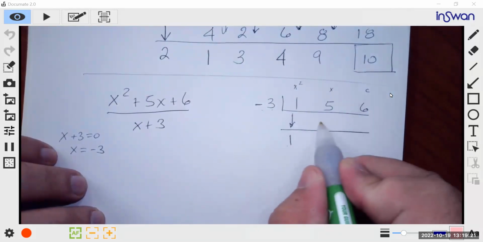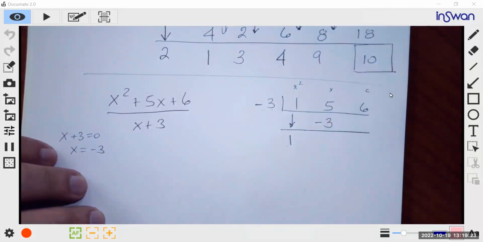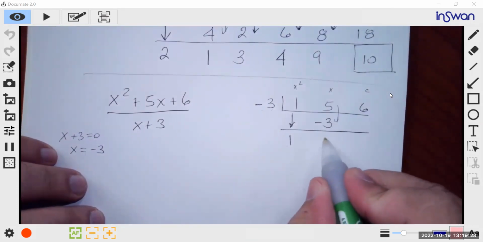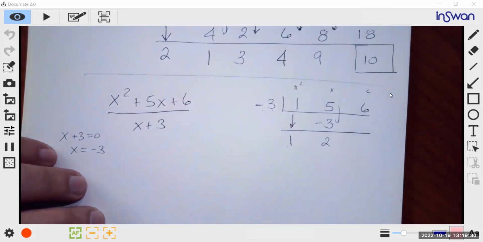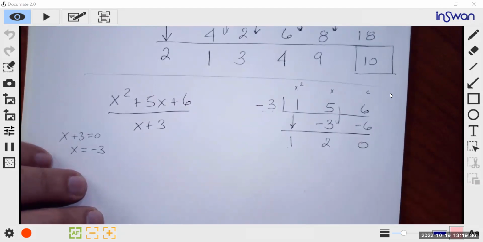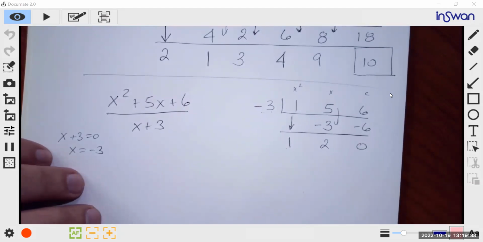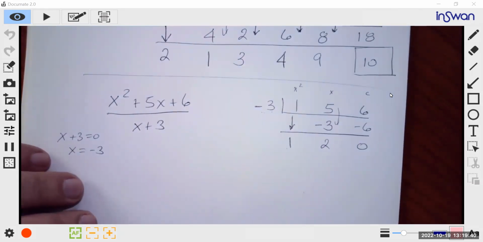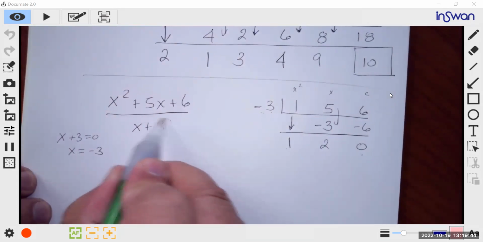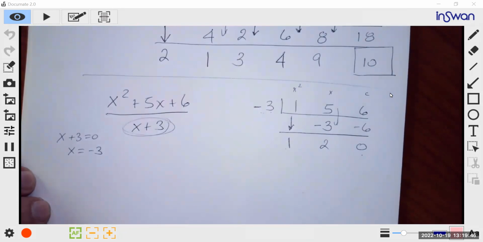-3 times 1 is -3. Add straight down. 5 minus 3 is 2. -3 times 2 is -6. The remainder is 0. So since the remainder is 0, it says that this is a factor.